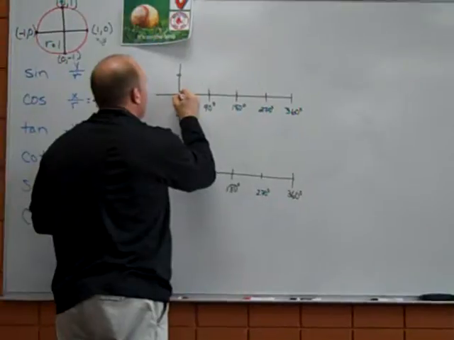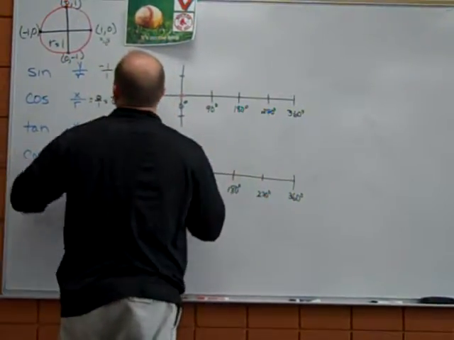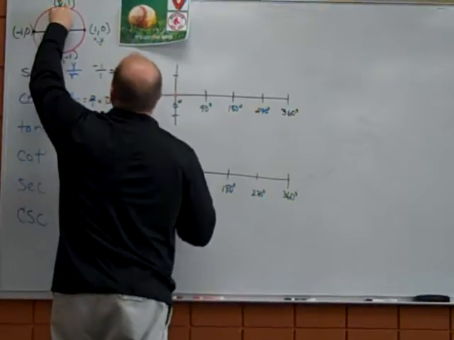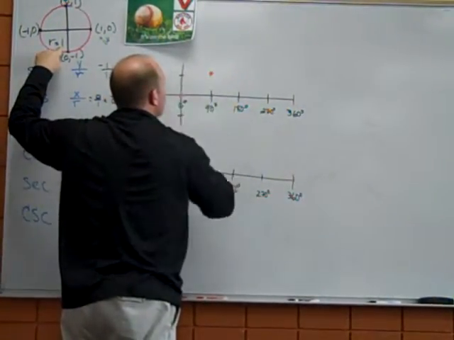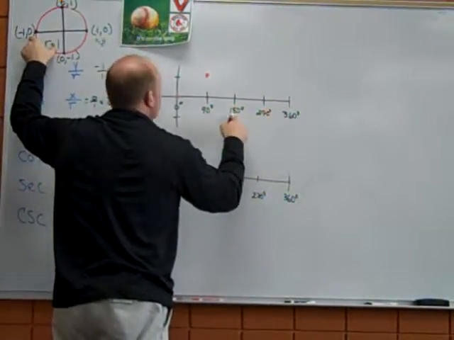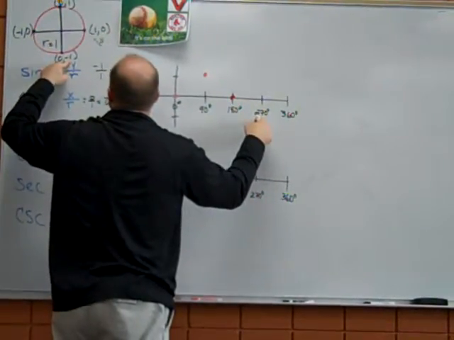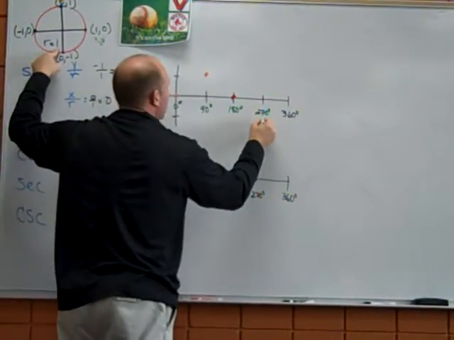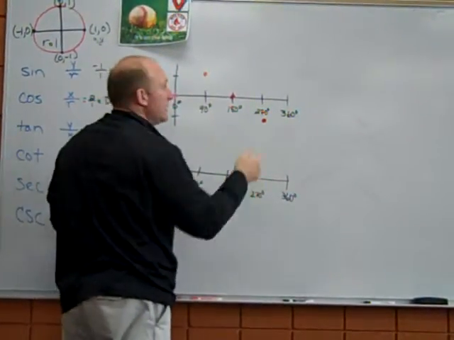I'm going to plot a picture of it. Let's go to 90. Y over r is 1. Let's go to 180. Y over r, 0. Go to 270. Negative 1 over 1, which is negative 1. And then 360 would be the same as 0.